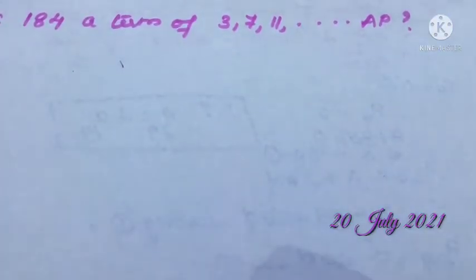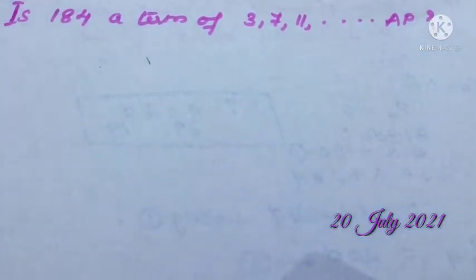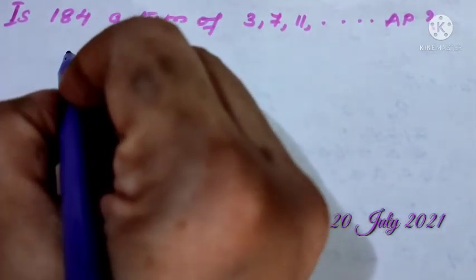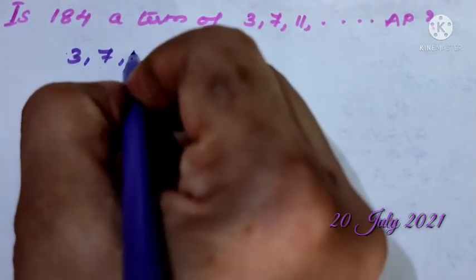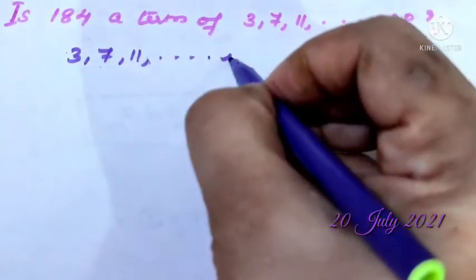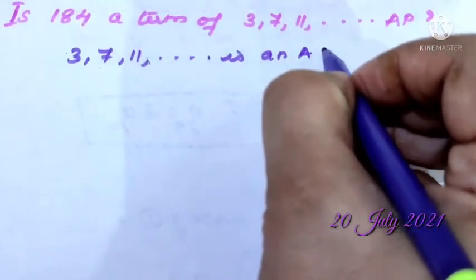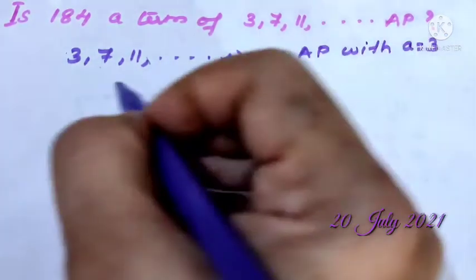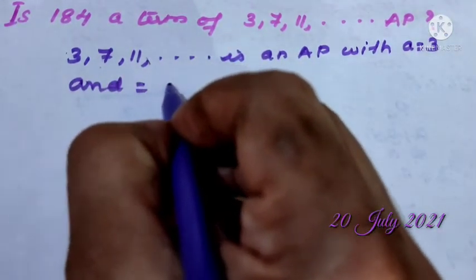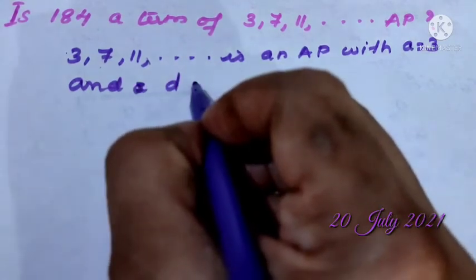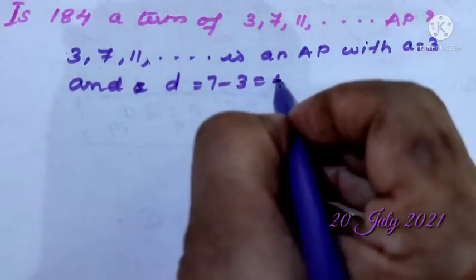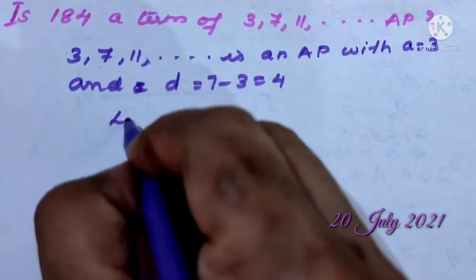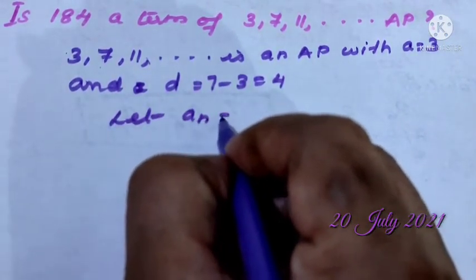One more question: is 184 a term of the AP 3, 7, 11? So let us check now. 3, 7, 11 etc. is an AP with A equal to 3 and D equal to 7 minus 3 equal to 4. Now 184 is a term is the question. So let us take AN equal to 184.